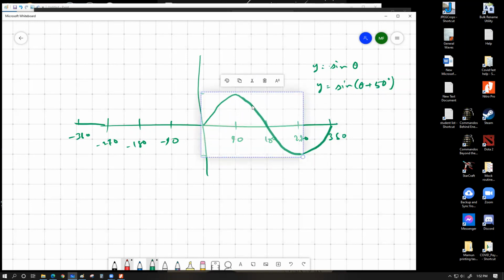You just have to shift this entire shape of the curve 50 degree to the left, which means this crest will be located 50 degree to the left. This cross point should be located 50 degree to the left, this axis cross point too, and everything should shift to the left. That new graph would look somewhat like this.